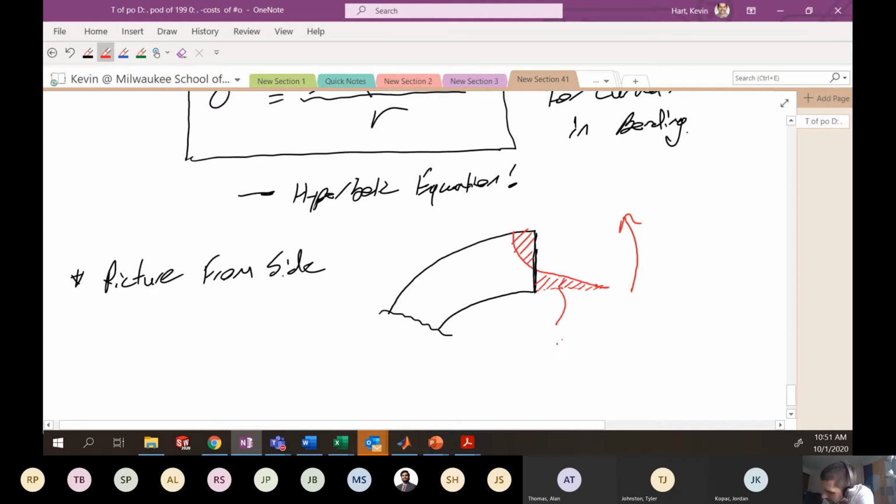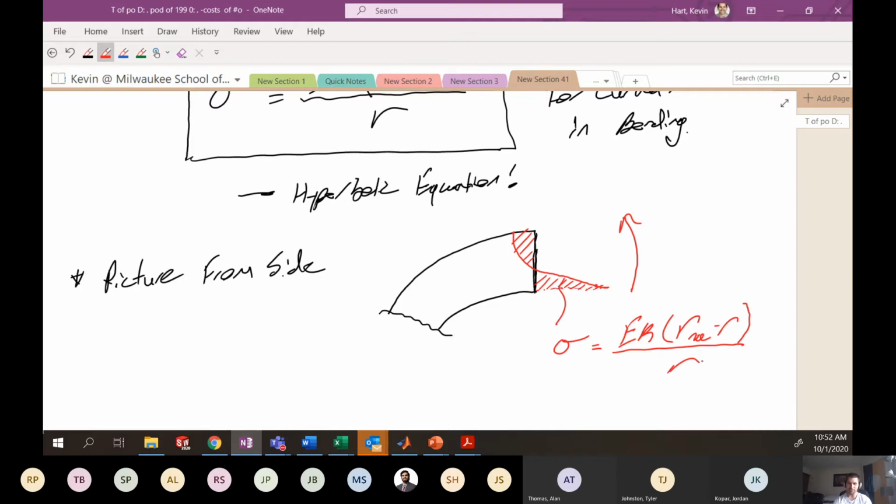Here is your stress, which is E K (R_NA minus R) over R, your hyperbolic stress distribution. Whew, exciting stuff.